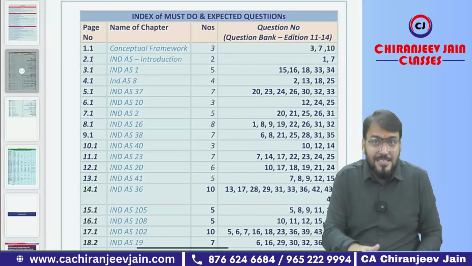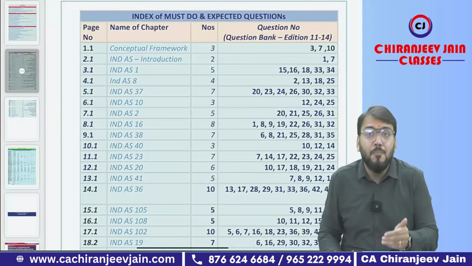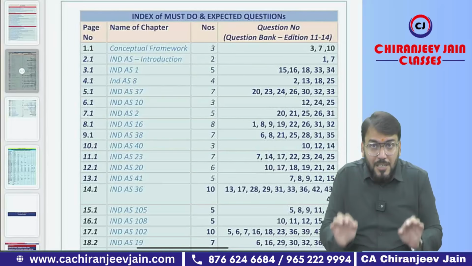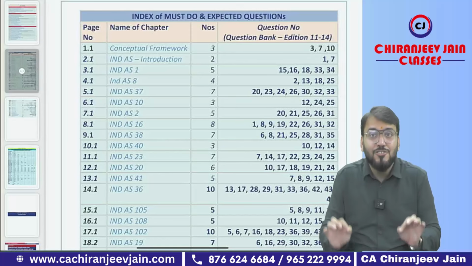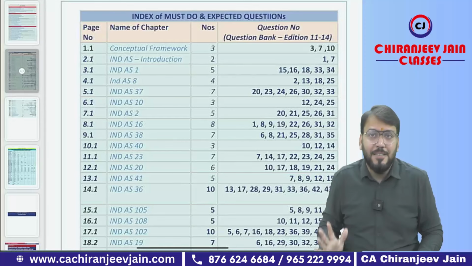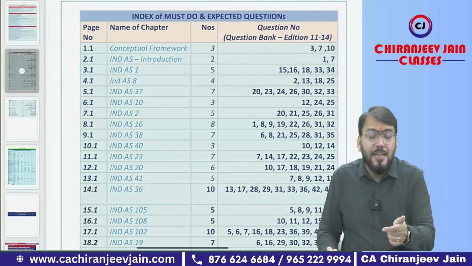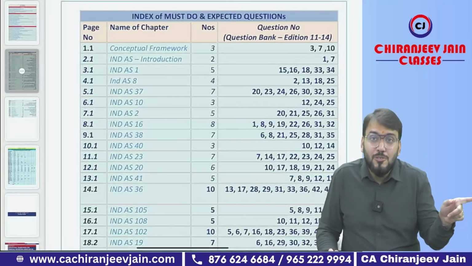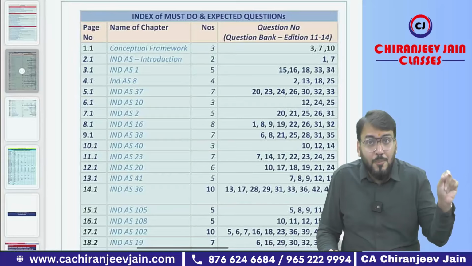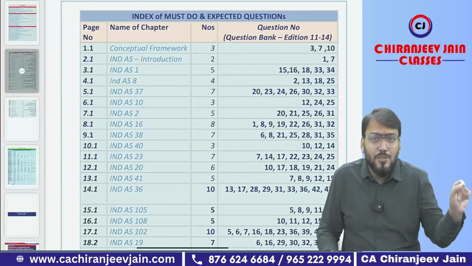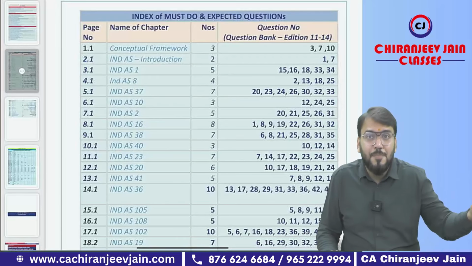After these questions, if you are left with some more hours, you can do some extra questions. So this is the must-revise expected list from an examination point of view. Why am I saying expected? There is a reason behind that. If you see the September 2025 expected list, more than 60%, I would say 70%, of the questions were from my expected list.